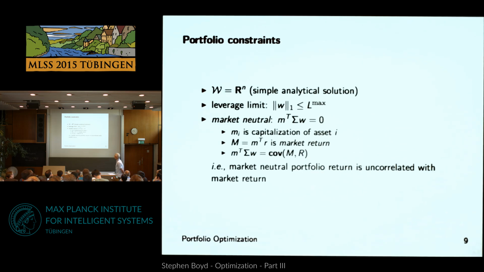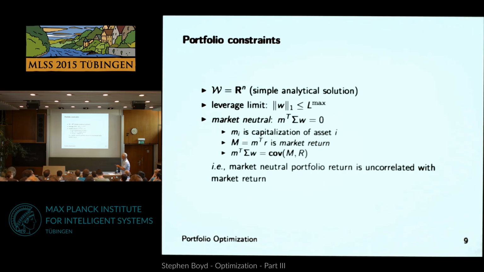So, okay. You could have a leverage limit, right? So you could limit the maximum leverage. Here's one that's not uncommon: you'd say, I want my portfolio to be market neutral. So I should say what the market portfolio is, right?